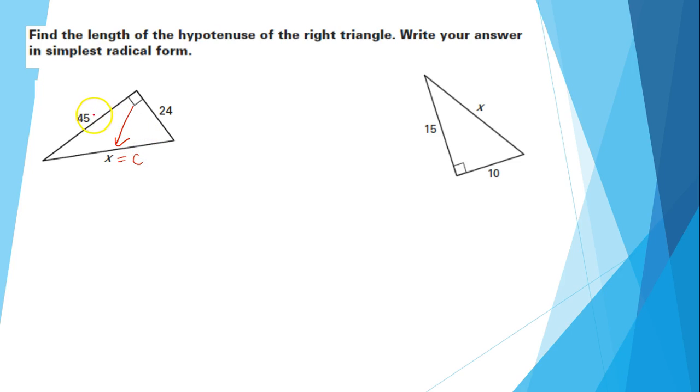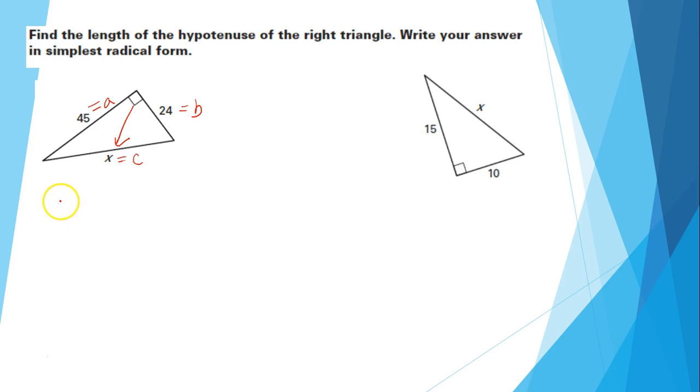It doesn't matter which you label A and which you label B for the legs of your right triangle, because you're going to be squaring them both and adding them together. So it doesn't matter which one you choose. I'm just going to say this is my A and this is my B. And now we're going to plug it in.